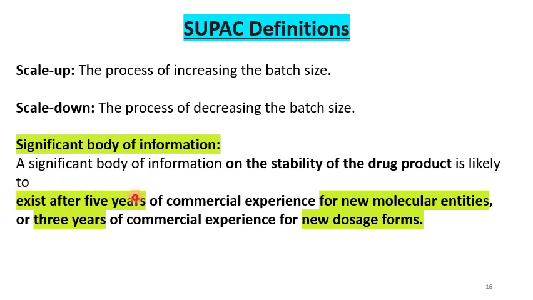So if the production is going on for 5 years and stability data is generated, then we can say that the product has a significant body of information. Or commercial experience of new molecular entities, or 3 years of commercial experience of new dosage forms. So that is the meaning of the significant body of information.